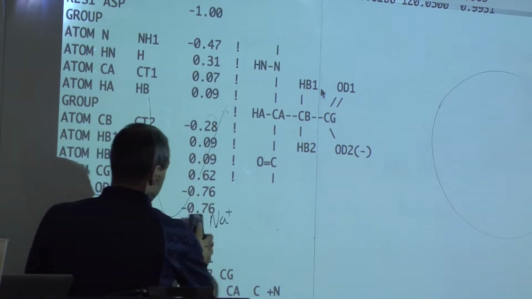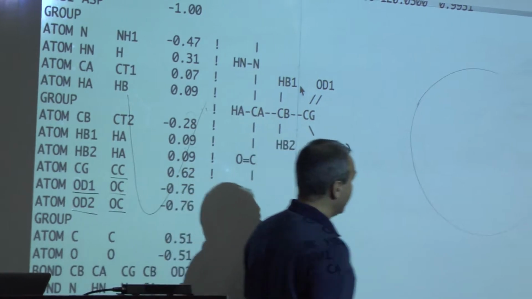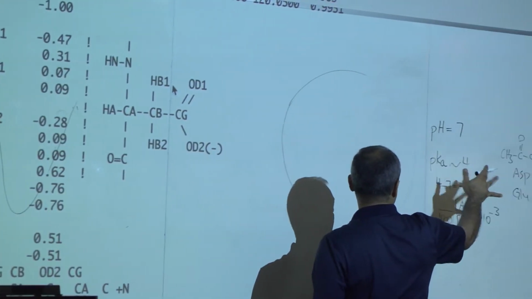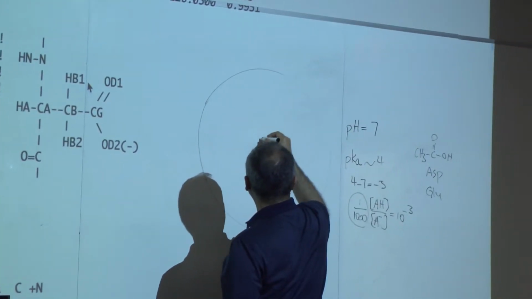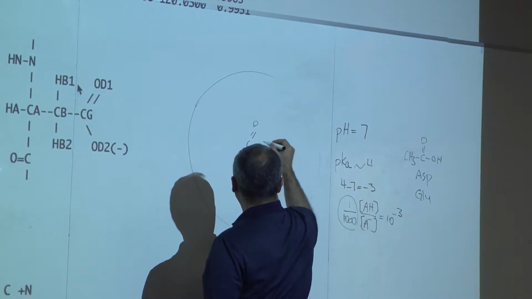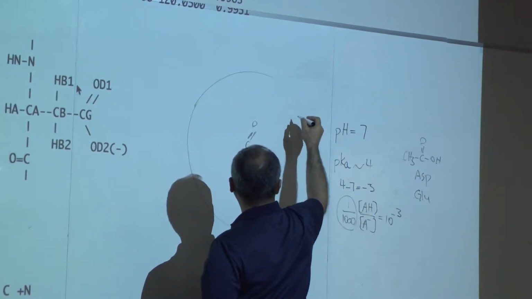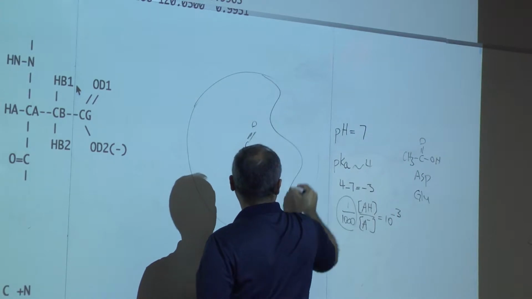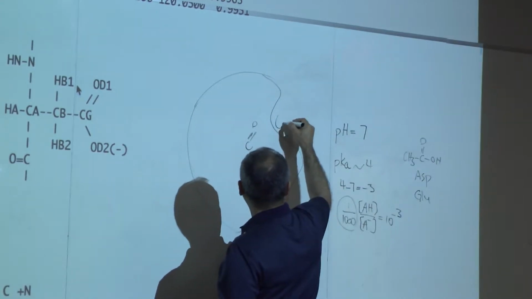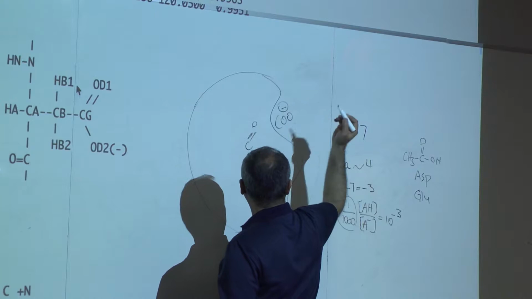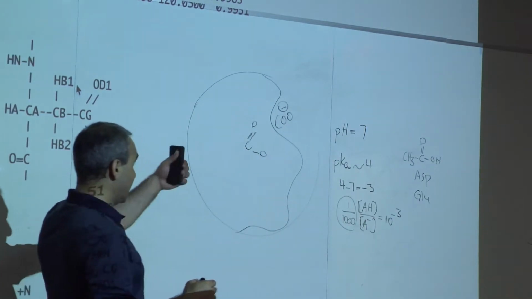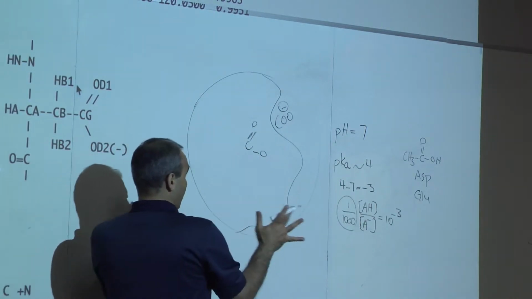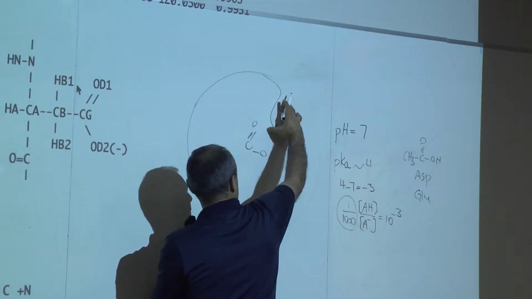Now it is possible that if you go inside the protein, this is solution. So if you go inside the protein, you have this aspartate sitting here. And now let's say there is, by chance, another negative charge sitting here. Because of the presence of that negative charge, you're not in solution anymore because of the electrostatic effect.